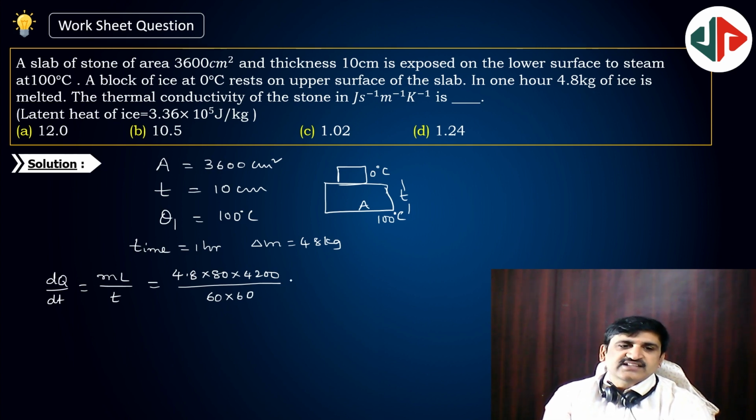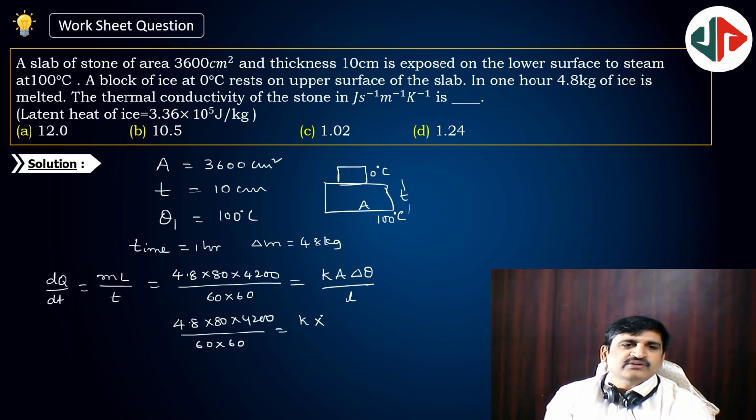This rate is equal to K A delta theta by L. So 4.8 into 80 into 4200 by 60 into 60 is equal to K into A value, 3600 centimeter square, 10 power minus 4, into delta theta 100, by length, which is nothing but thickness 10 centimeter into 10 to the power of minus 2.